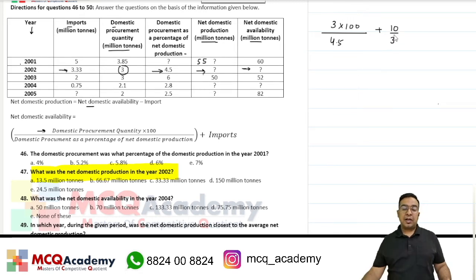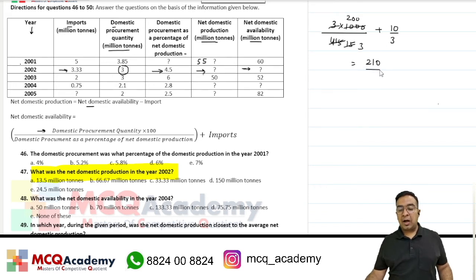This makes calculations easier. Solving this, this is equal to 315. Further cancelling this out, we get 5 3s are 15, 5 200s is 1000. Adding these up, we get 210 upon 3. This value is equal to 70. So 70 million tons is the value of net domestic availability.